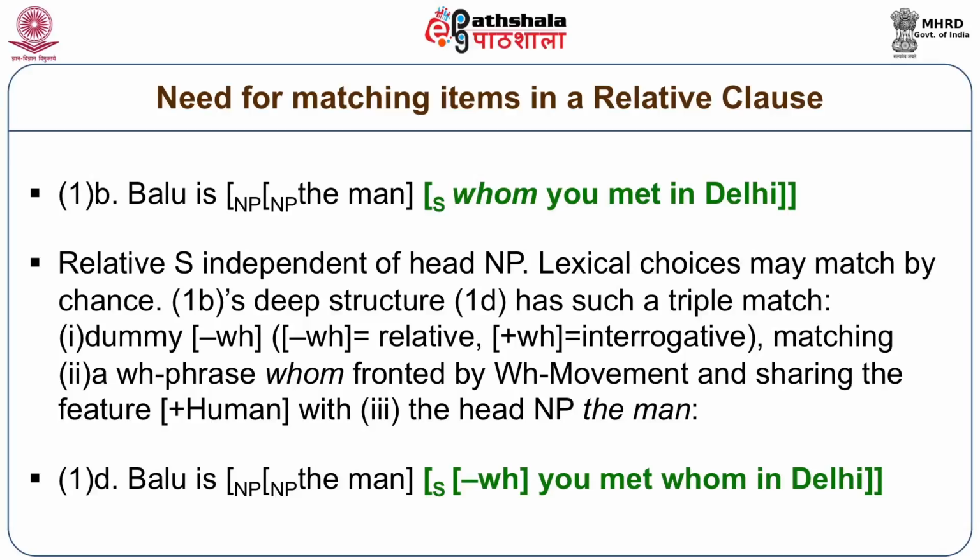This means that a surface structure like "Balu is the man whom you met in Delhi" starts out as the deep structure: Balu is the man, sentence begins, minus WH, you met whom, subject, verb, object, in Delhi. That's the deep structure. Whom is going to later move to the minus WH position at the left edge of that clause. This movement will be effected by WH movement.